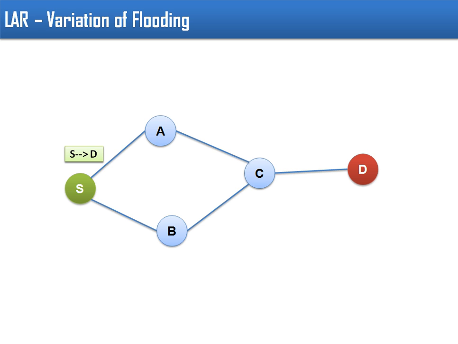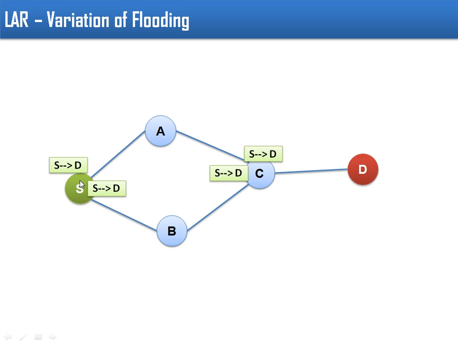For example, say S wants to send something to D. S will broadcast this message to its neighbors, and S has two neighbors, A and B. Now A has neighbors S and C, and B also has neighbors S and C. These two again broadcast the message to their neighbors. Here you can see this node is receiving a request packet which was already sent by this node.